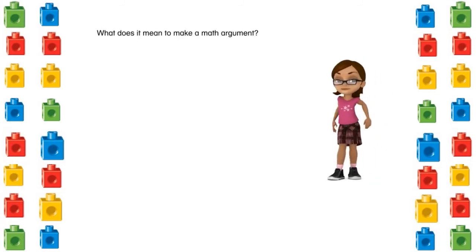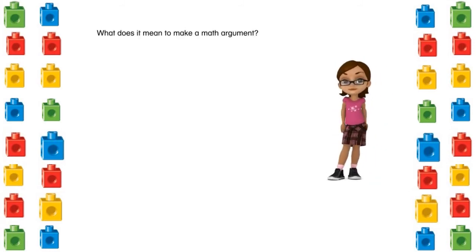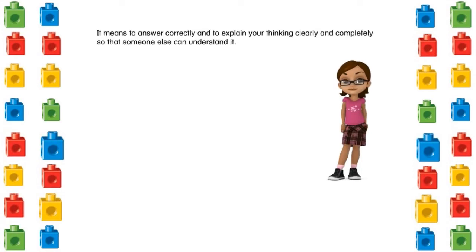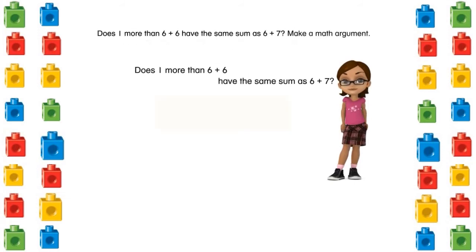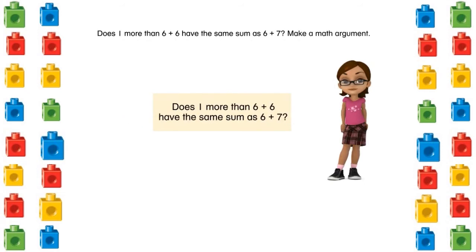What does it mean to make a math argument? It means to answer correctly and to explain your thinking clearly and completely so that someone else can understand it. Does 1 more than 6 plus 6 have the same sum as 6 plus 7? Make a math argument.